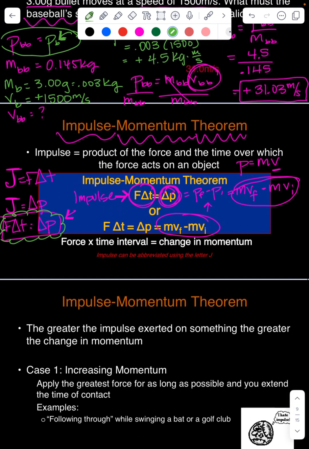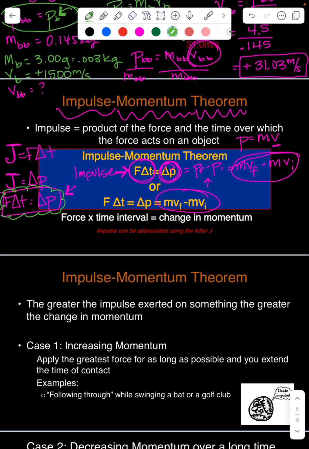So let's look at a couple of cases. In this first case, say you are playing baseball. Most of the time you want that baseball to go as far and as fast as possible. If you are playing golf, most of the time you want it to go as far and as fast as possible. If you're playing tennis, you are going to want that ball to go far and fast.